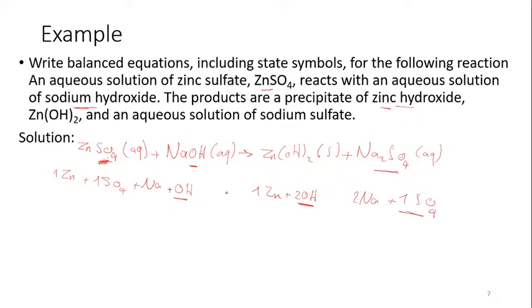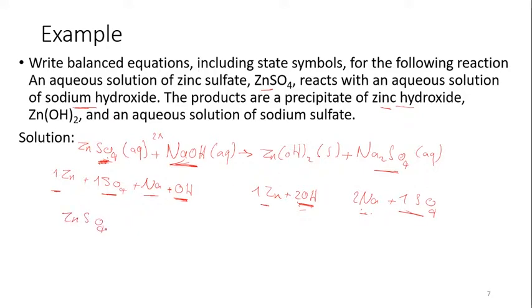I can see the sulfate is the same on both sides, and the zinc is equal on both sides, and only the sodium and the hydroxide on that side are not equal to that side. If I look here, I can see it is written 2 and 2, so if I multiply my formula here by 2, I'll be able to balance my chemical equation.